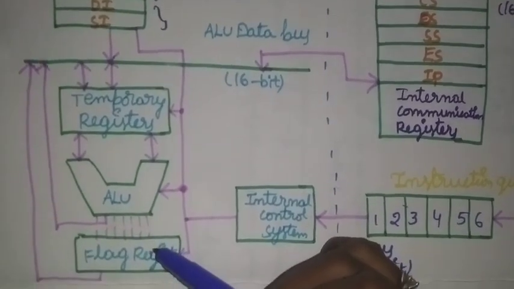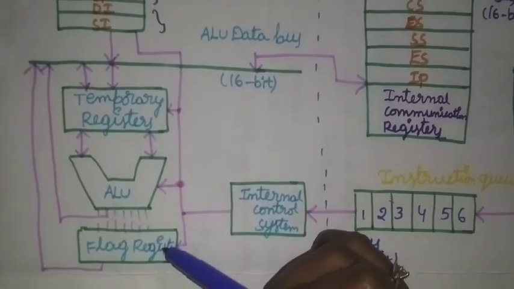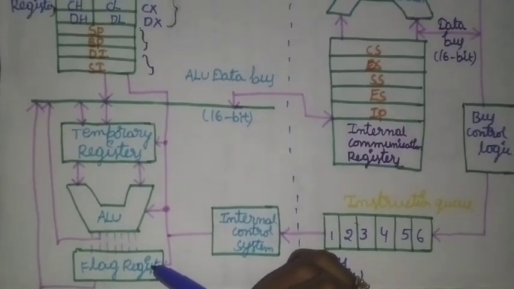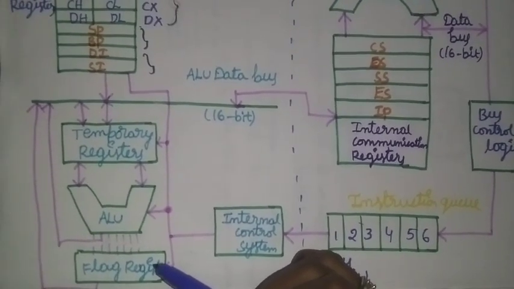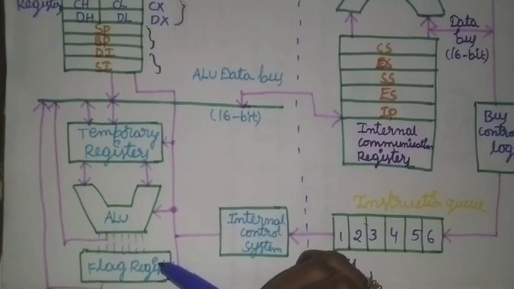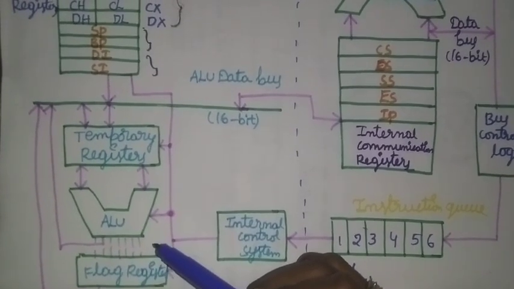Next are the flag registers. Flag registers are used to indicate the status of the result after performing arithmetic and logical operations.